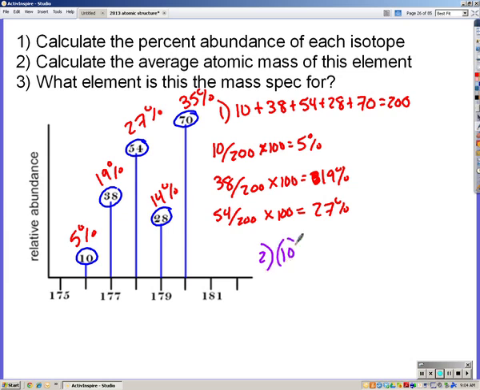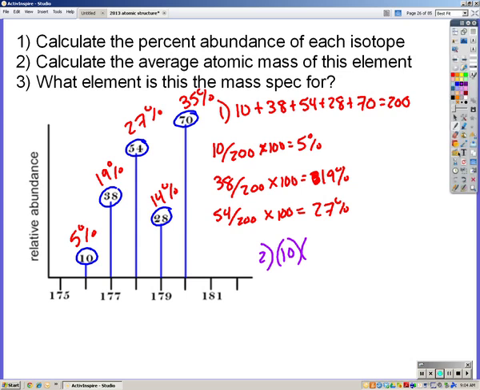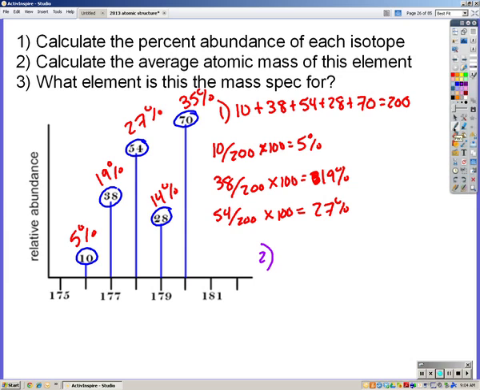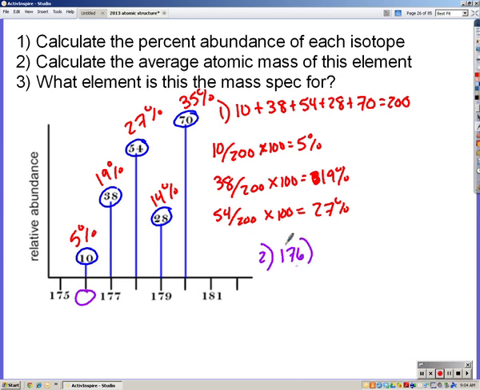So we know our mass and we know its percent. So 176 times 0.05 plus 177 times 0.19, and so on.